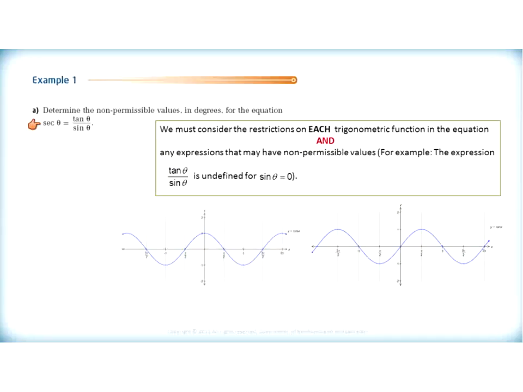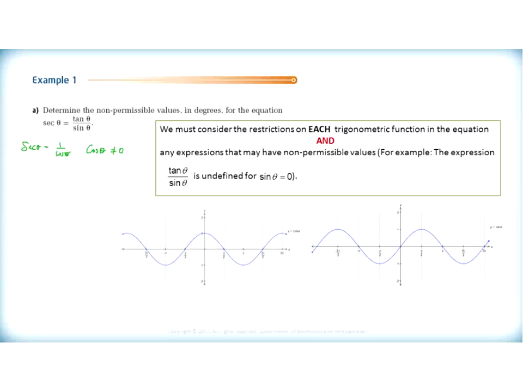Secant theta is equal to 1 over cosine theta. Are there any values of theta when this is undefined? Of course there are. This is undefined when cosine theta is equal to 0. Cosine theta cannot equal 0 here, because if cosine theta is equal to 0, secant theta is undefined.